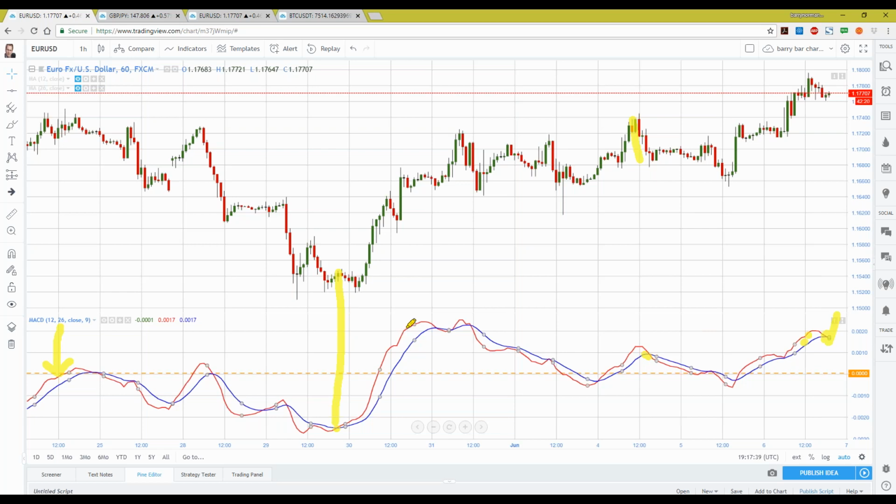Now, when these two lines cross over each other, the signal line and the MACD line, what's the difference again? The difference between the two lines would always be zero. Not on the zero line, but the difference of these two would always be zero. We can plot that on the chart, on the MACD indicator, using what's called a histogram.